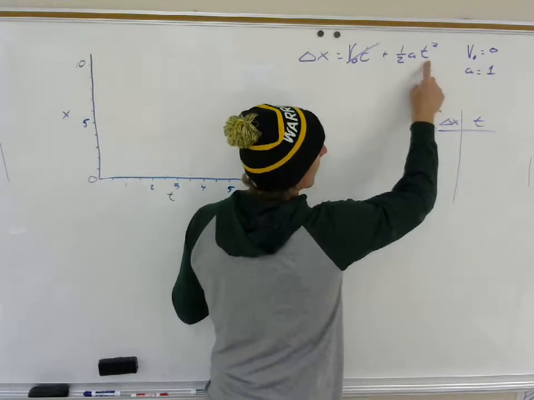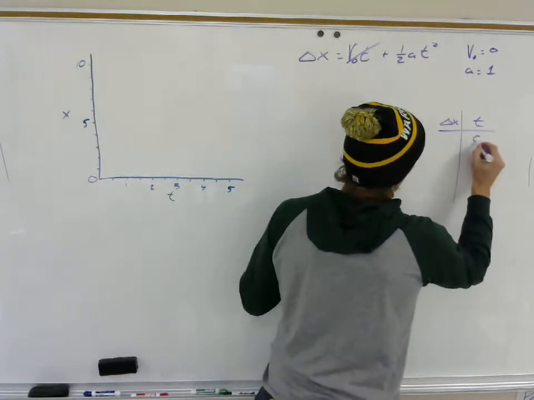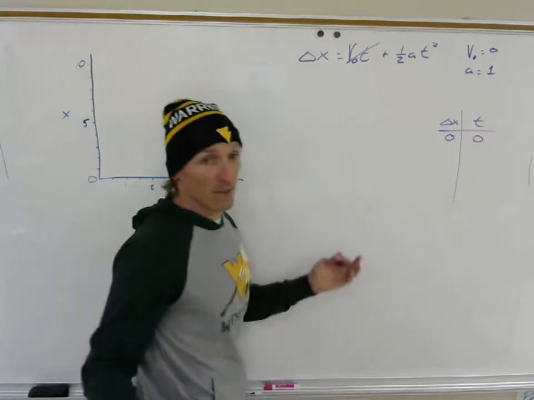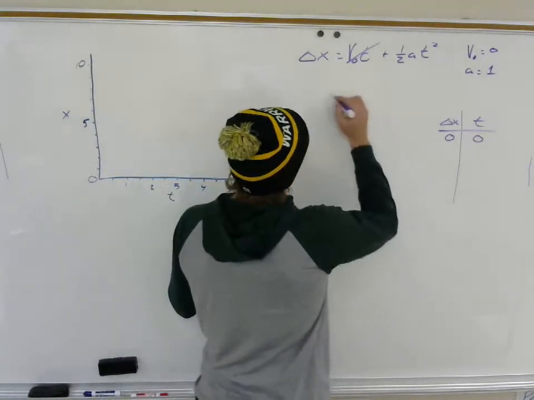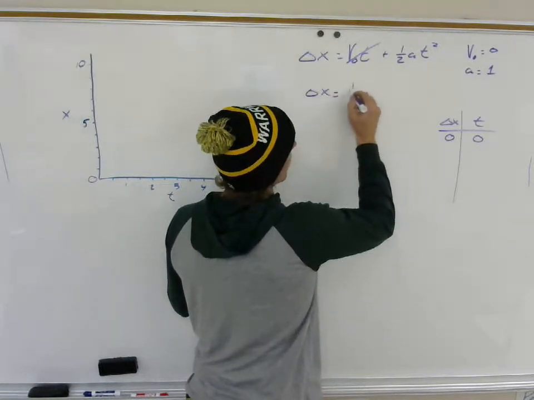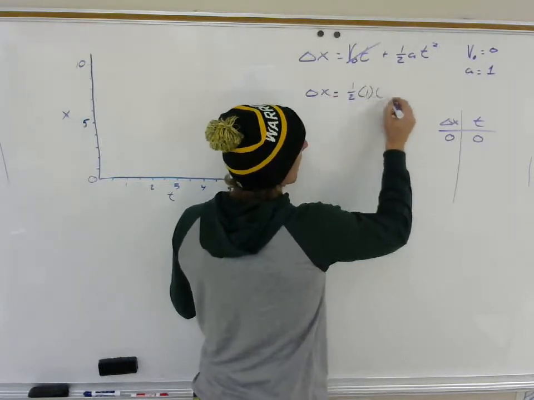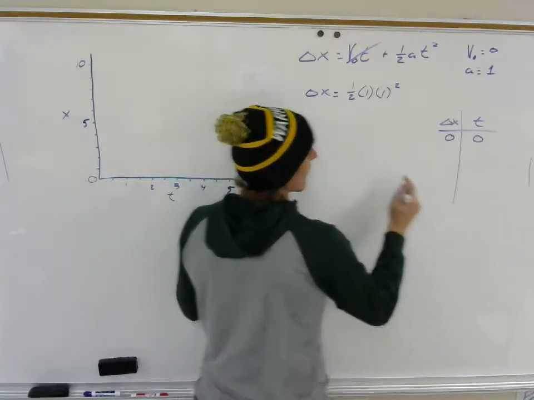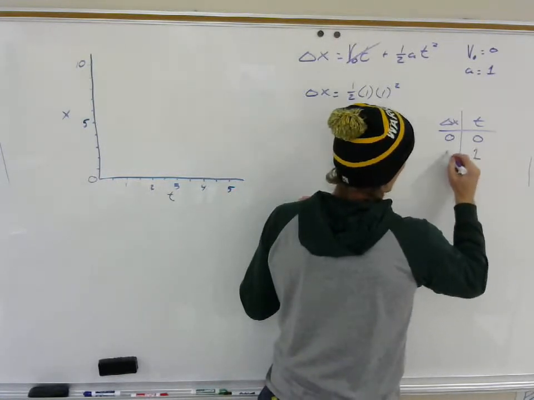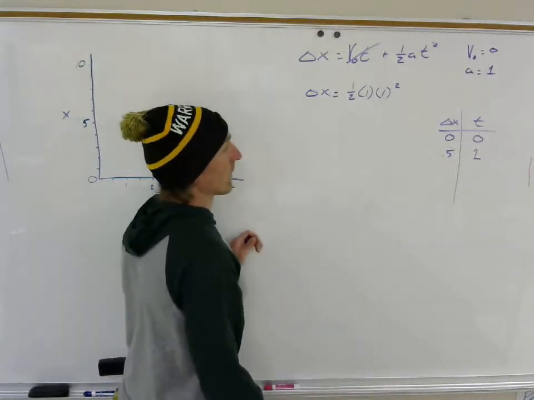We'll say time is 0. 0 times all this stuff. At time 0, it obviously hasn't moved. This is an important point to use when you're graphing. Now we put 1 in here. So I have my change in x equals 1/2 times 1 times 1 second squared. 1 squared is 1, times 1 is 1. Half of that is 0.5. So at 1 second, we've gone 1/2 meter.